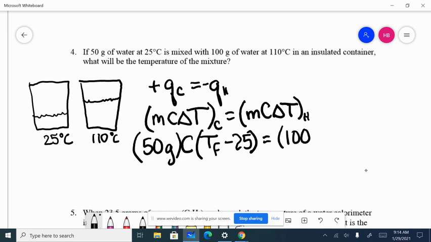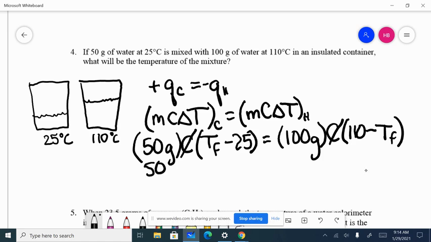The mass of the hot water is 100 grams times the specific heat capacity of water and times 110 minus the final temperature. Notice we flip those around to account for the negative sign. Also, these are both water, so their specific heat capacities are going to be the same. So they will cancel out of the equation.